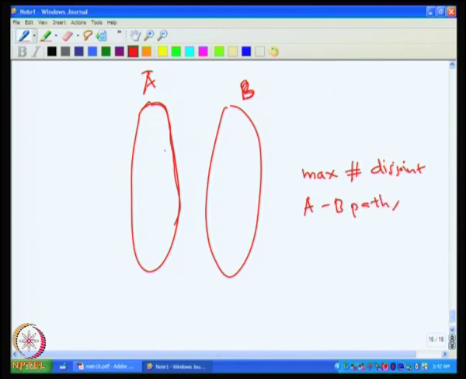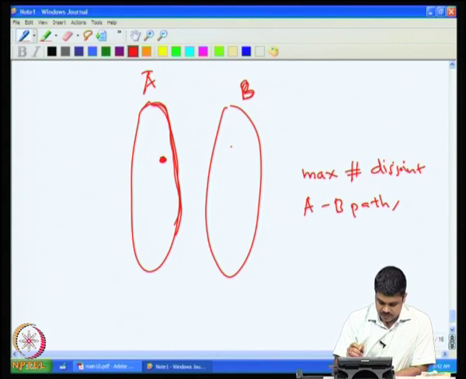There are no singleton paths here, because they are disjoint, there is no intersection. You have to start from here and reach here.